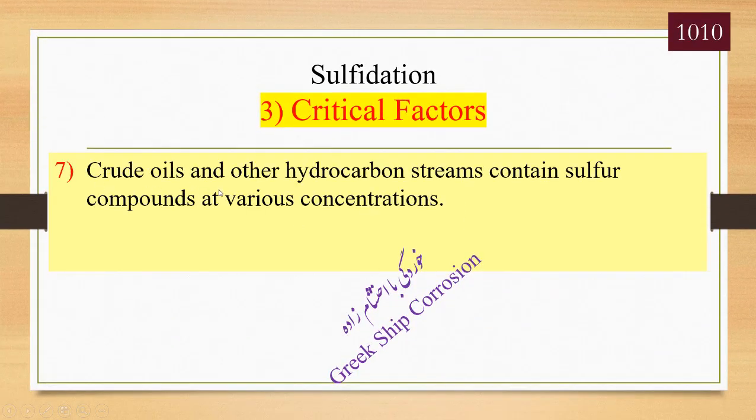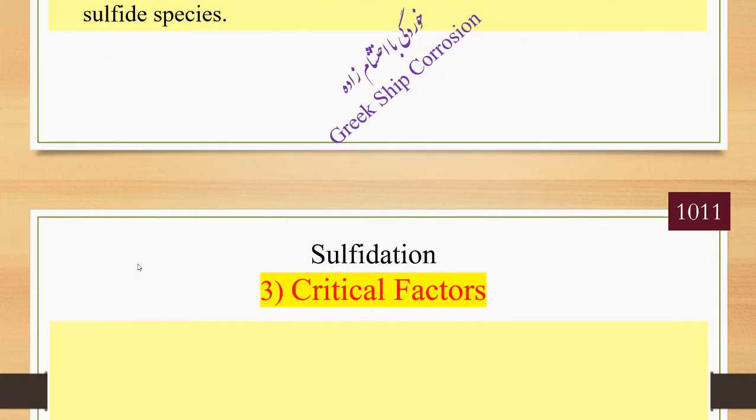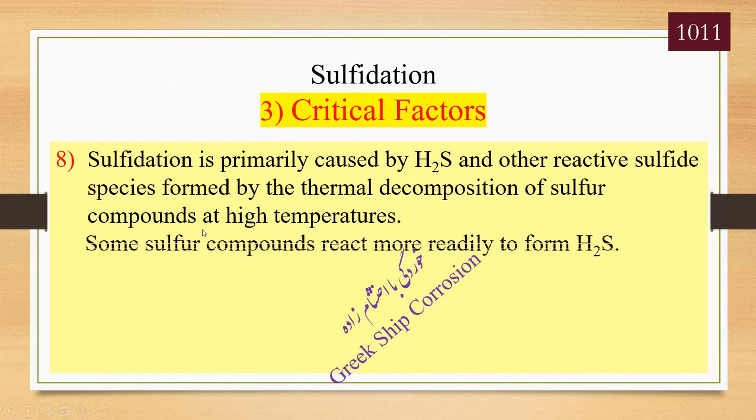7. Crude oils and other hydrocarbon streams contain sulfur compounds at various concentrations. Total sulfur content is made up of many different sulfur or sulfide species. 8. Sulfidation is primarily caused by H2S and other reactive sulfide species formed by the thermal decomposition of sulfur compounds at high temperatures.